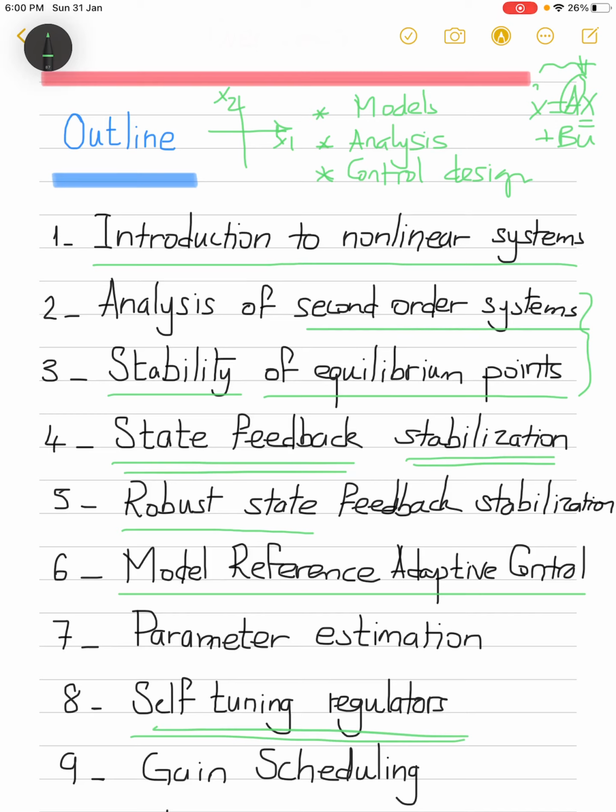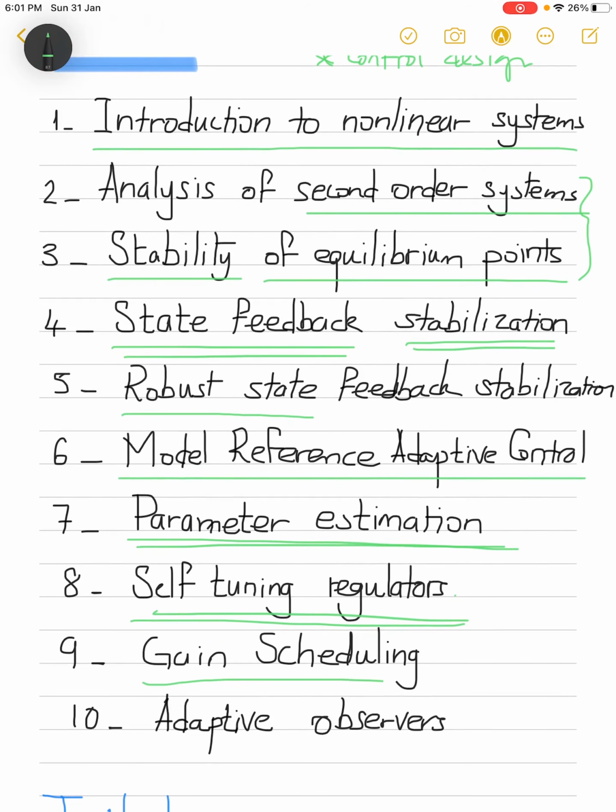So in order to understand how to do parameter estimation in discrete time, we'll do parameter estimation based basically on the least square algorithm, and see how we can use that to design what's called a self-tuning regulator. And of course there is an analogy between model reference adaptive control and self-tuning regulator, but as I said, historically they were developed separately.